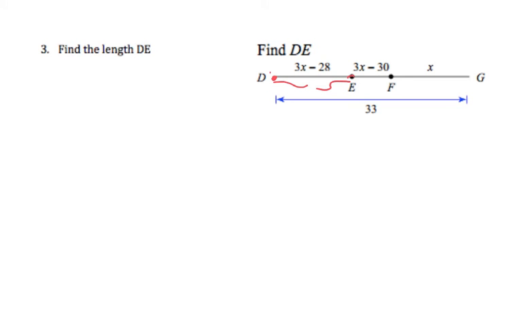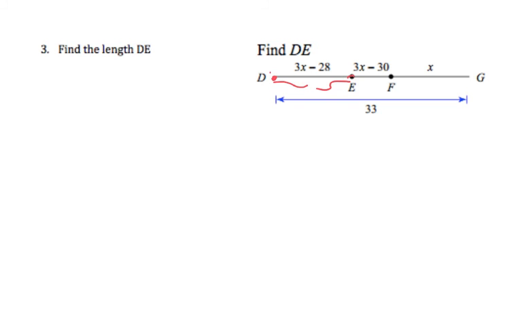If we know that the whole thing is 33, and we know that DE is 3x minus 28, EF is 3x minus 30, and FG is x, how are we going to algebraically be able to figure out what DE is? Well, hopefully you're noticing that we're going to have to create an equation and that we're going to have to solve for x and then substitute x back into 3x minus 28 to figure out what DE is actually.